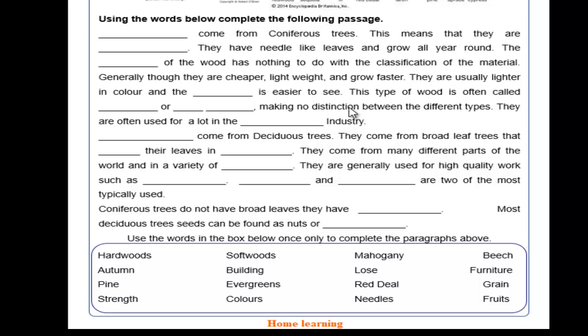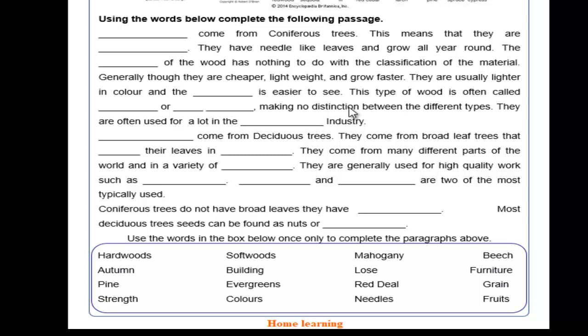Something and something are two of the most typically used. Coniferous trees do not have broad leaves. They have something. Most deciduous trees' seeds can be found as nuts or something.